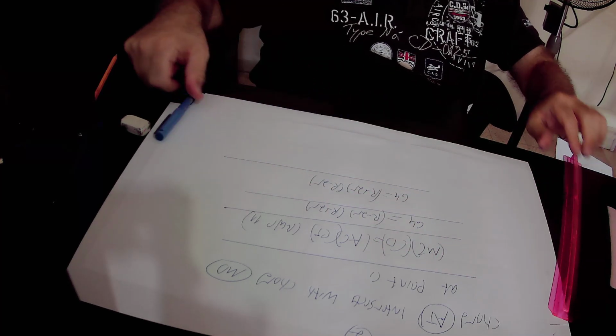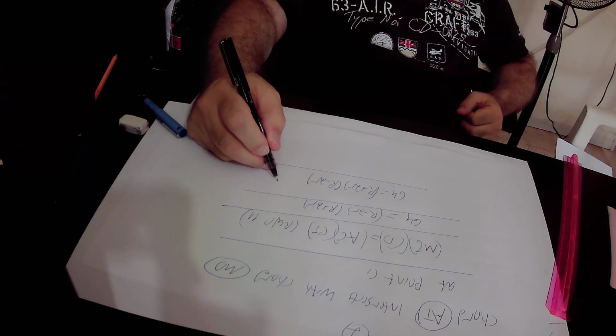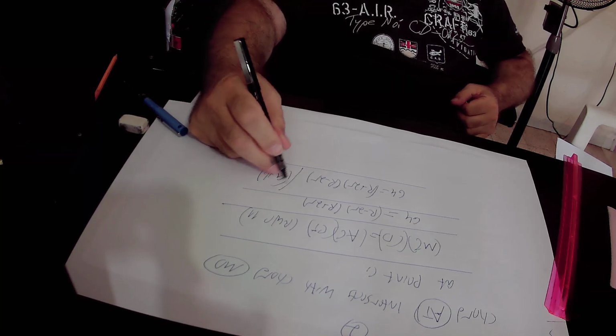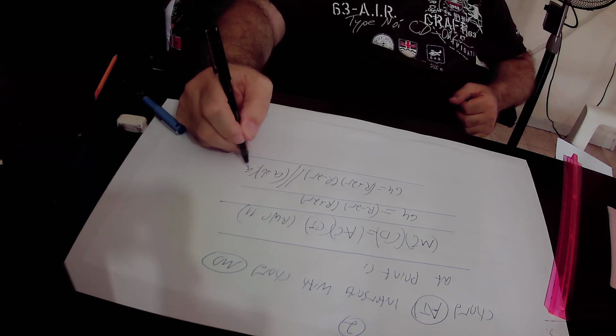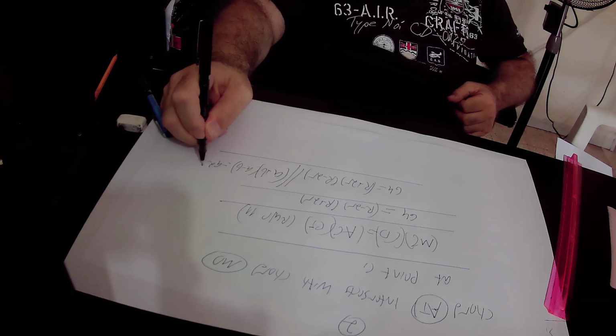We have the algebraic identity that A plus B times A minus B equals A squared minus B squared.